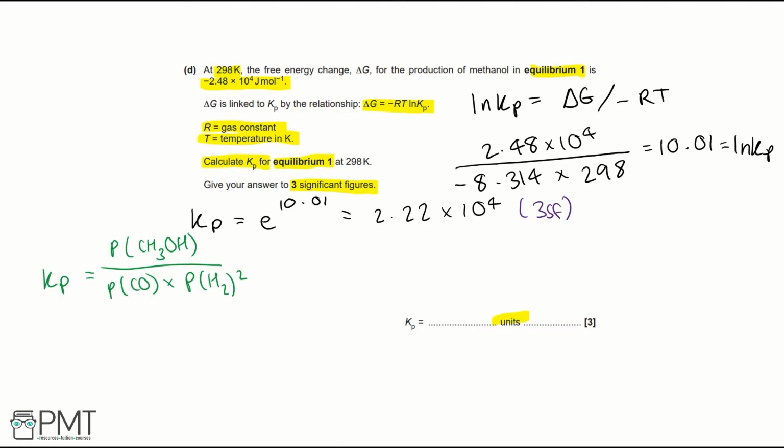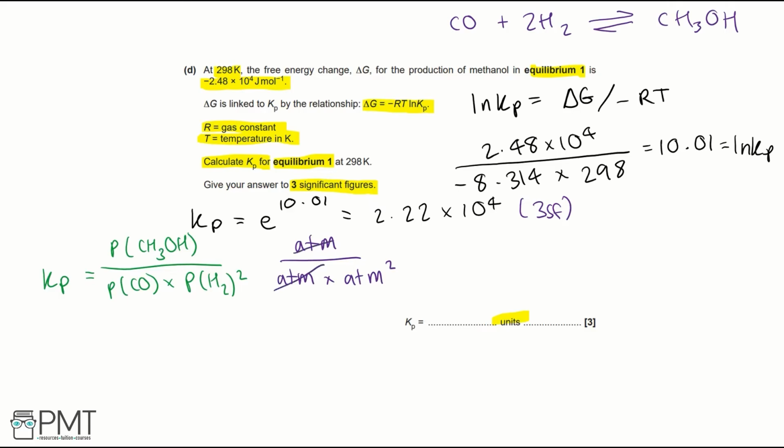So if we write that out again, that's going to be carbon monoxide plus 2 hydrogens in equilibrium with methanol. So we can see where the 2 is coming from, that's the squared in this Kp. Then if we say that each one is measured in atmospheres, that's going to be an atmosphere on the top, atmosphere on the bottom times atmosphere squared.